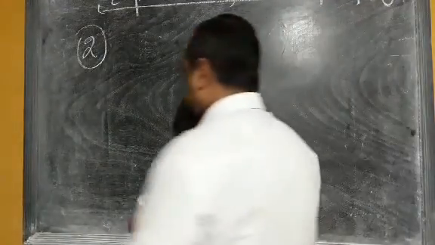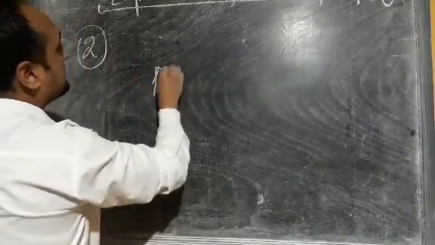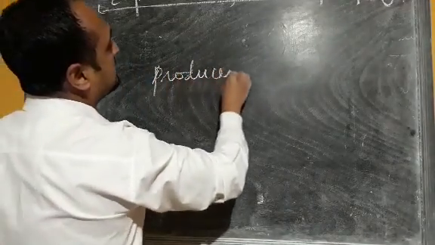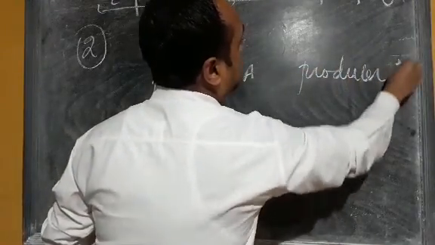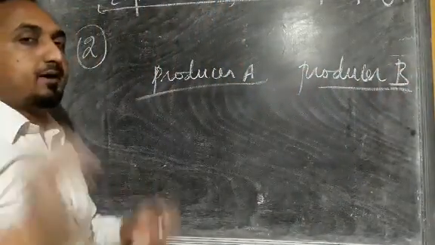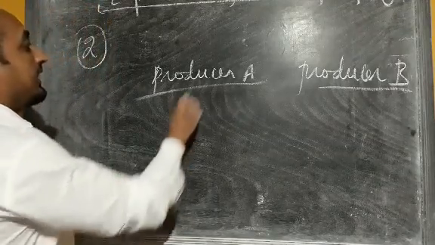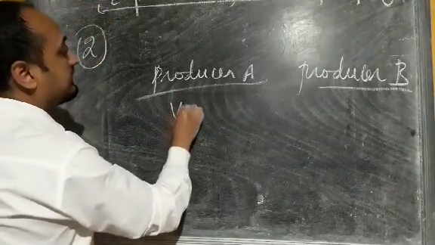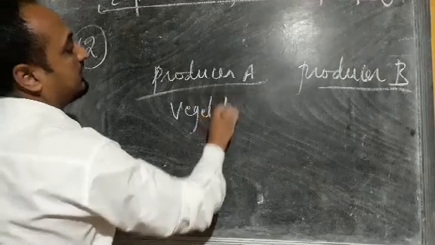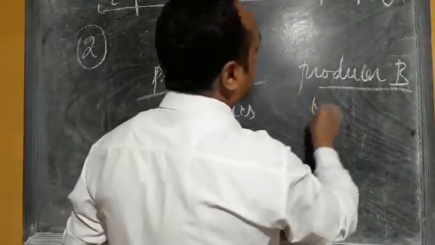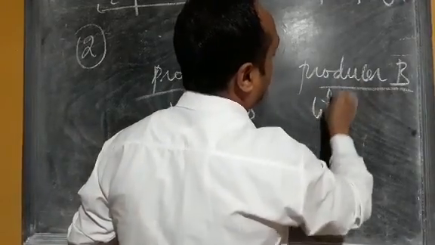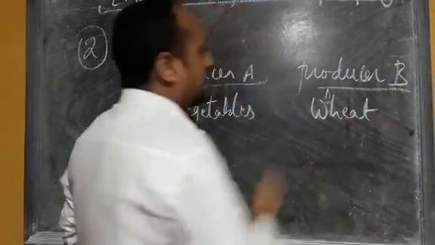Suppose two producers are there, producer A and producer B. Let's consider two producers, A and B. Now producer A is producing, suppose, vegetables, and producer B is producing, suppose, wheat.